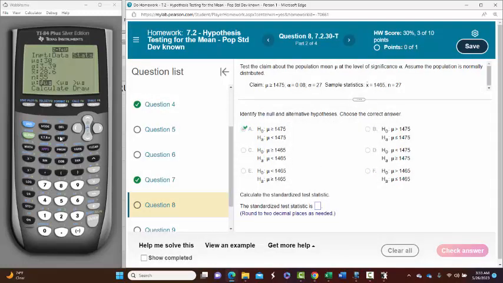For the test statistic, I'm sitting here in the z-test right now. The mu zero is 1475. The standard deviation is 27. The sample mean is 1465.